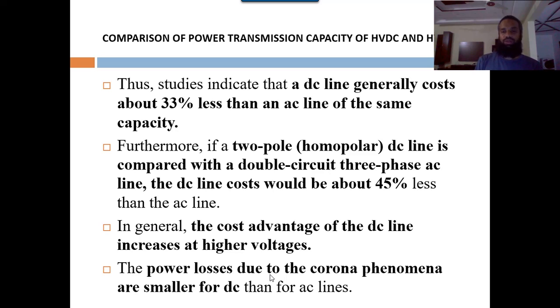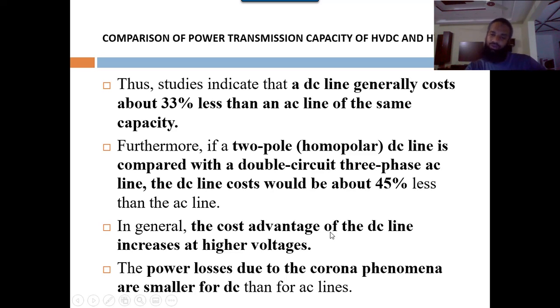If a two-pole DC line is compared with the double circuit three-phase AC line, the DC line cost would be 45% less than the AC. So if we have a single circuit, then we have 33%. If we have a double circuit, then there is an advantage of 45% less cost. So the cost advantage of the DC line increases at higher voltage.